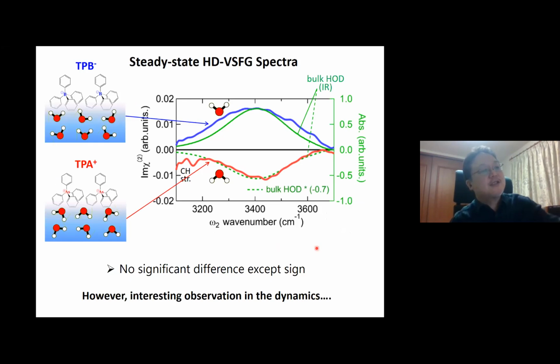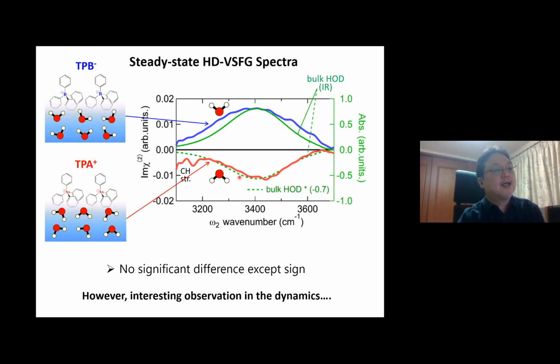All right, so this is the steady state heterodyne VSFG data, and by now you are used to it: in the case of TPB minus, it has negative charge, so interfacial water has H-up orientation, so that we have positive OH bands. And in the case of TPA plus, because the water surface is positively charged, the interfacial water has H-down orientation, resulting in negative OH bands, right?